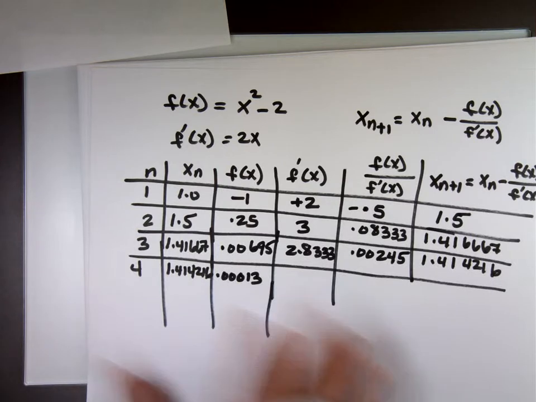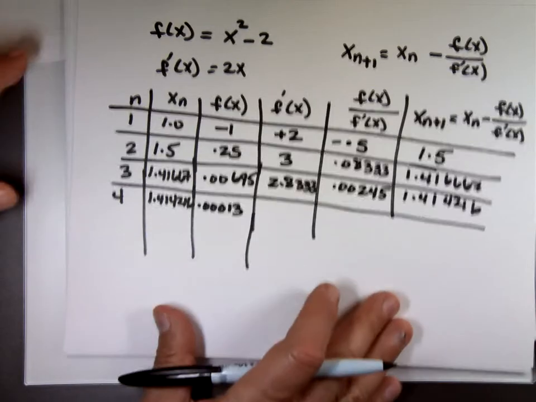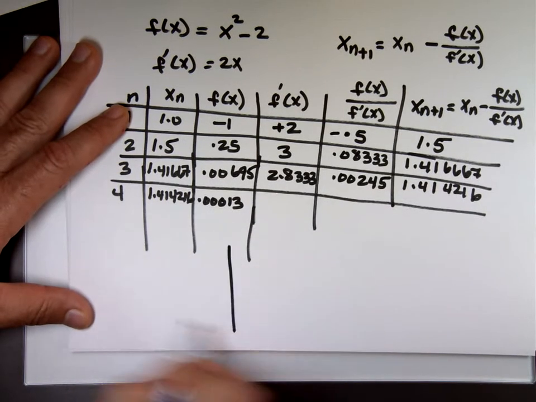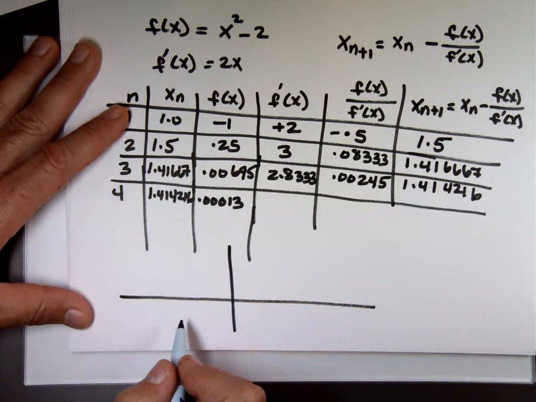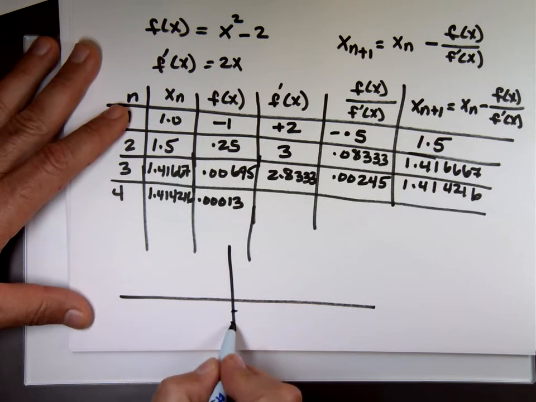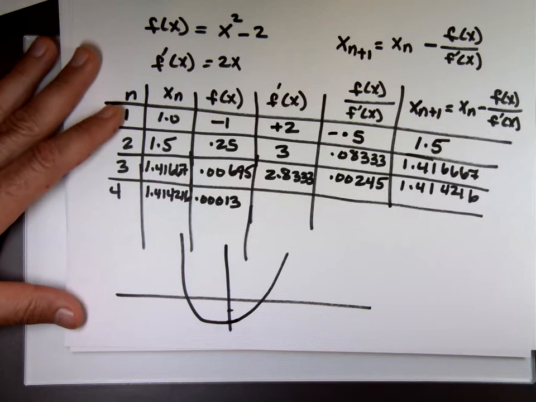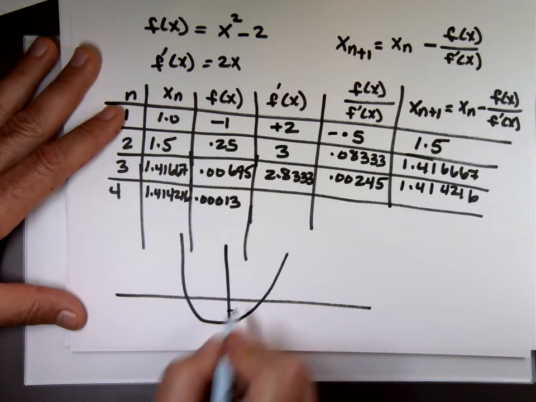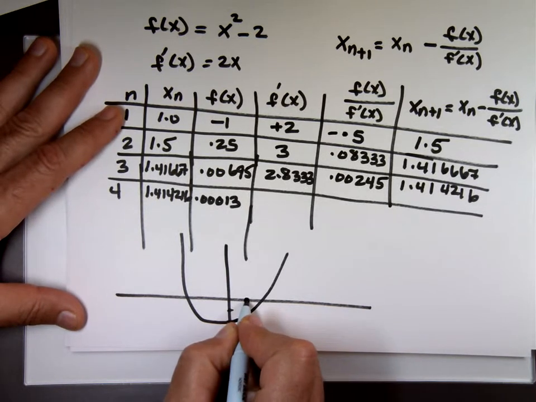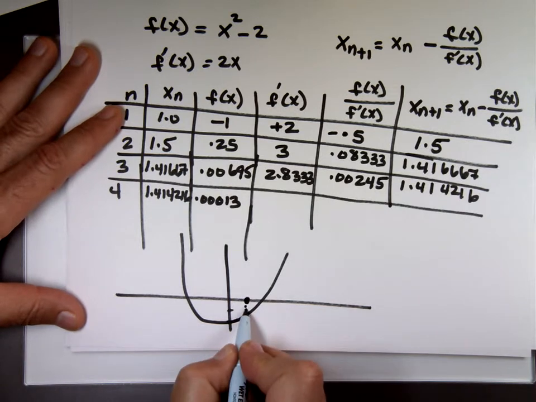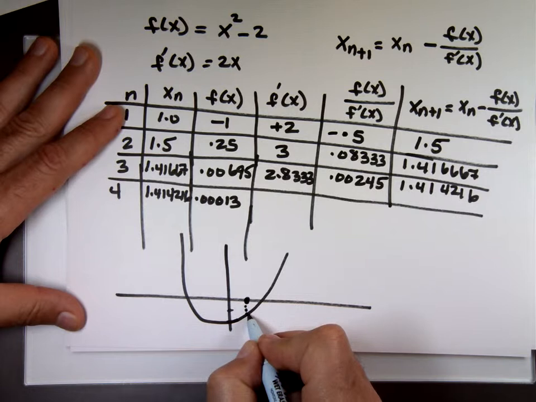What we're doing, actually, just to give you an idea of what we're doing graphically, x squared minus 2 looks like this, the graph. You said, I'm going to try the 1. The 1, actually, you come down here, and you find a tangent line, which is right there.